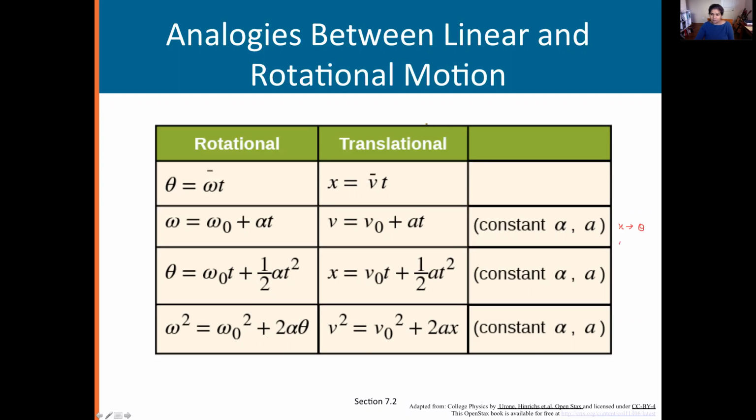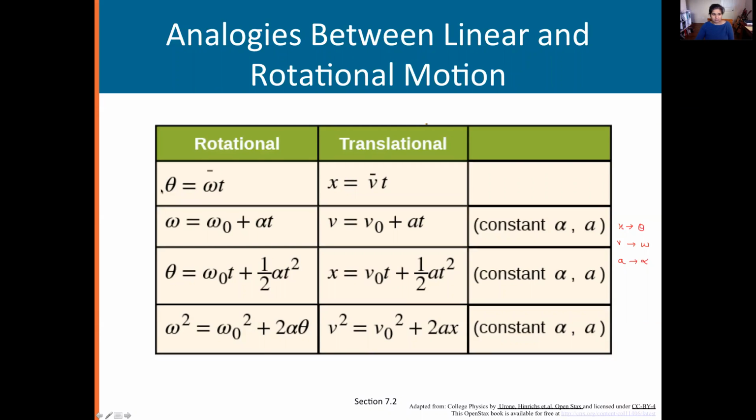Our angular velocity omega has a correspondence with the linear velocity v, and our linear acceleration corresponds to angular acceleration alpha. So everywhere that we have x in here, we are going to replace it by theta.